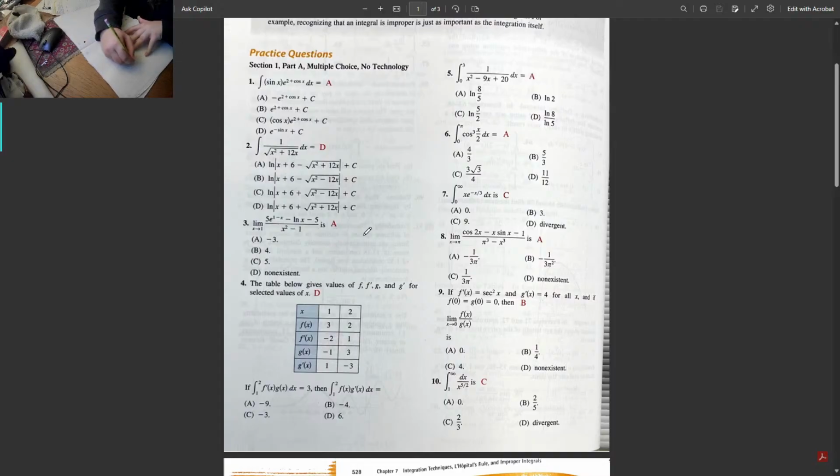Therefore, L'Hopital, or however you pronounce it, rule in the form 0 over 0 applies. And that means that we have to derive both sides, the top and the bottom of the equation separately.